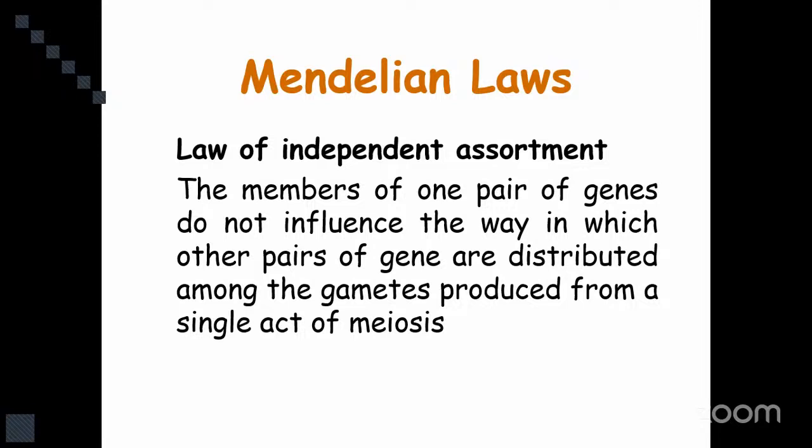If there is a color, for instance, where we have yellow color, green color, wrinkled seed, smooth seed, when yellow color is assorting, it doesn't influence the other trait, whether wrinkled or smooth. They only meet by chance in the immediately formed zygote.